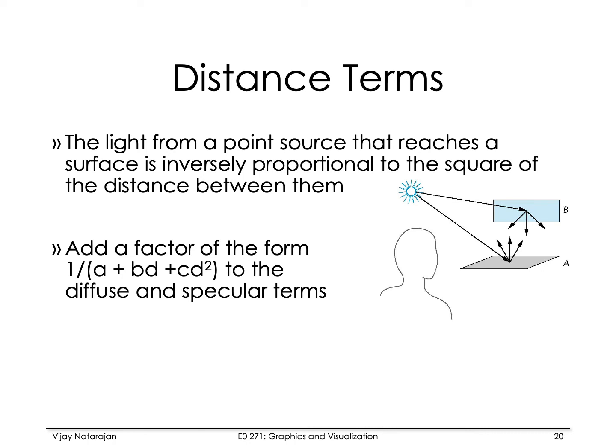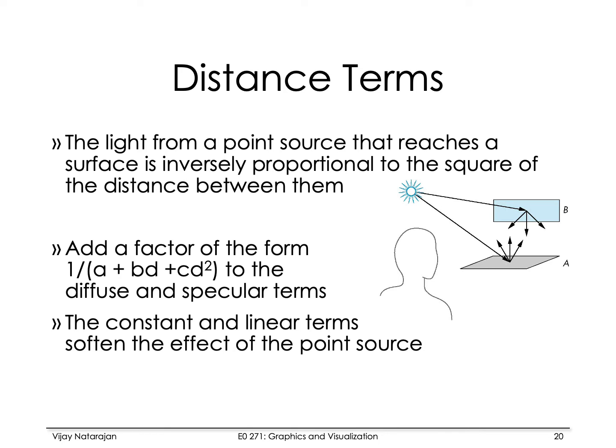A, b and c are some constants that we can tweak or tune to fit the kind of drop-off that we need. So we incorporate a constant and a linear term just to soften the effect of the drop-off. Otherwise, the light intensity drops off quite rapidly, and that can be distracting.